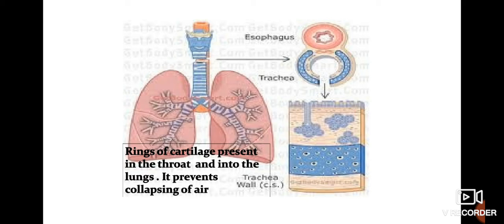From the larynx, the air passes through a pipe-like structure called the trachea or windpipe. This windpipe has rings of cartilage, as you can see in the diagram. These rings of cartilage protect the trachea and prevent it from collapsing when air is passing through it.